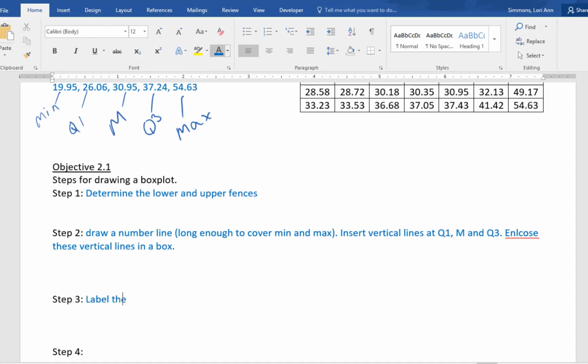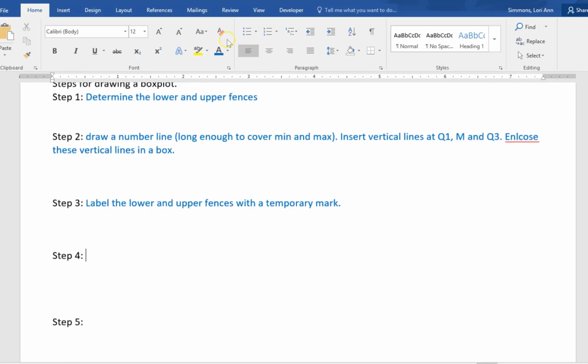Step 3, label the lower and upper fences with a temporary mark. Step 4, draw a line from Q1 to the smallest data value that is larger than the lower fence.